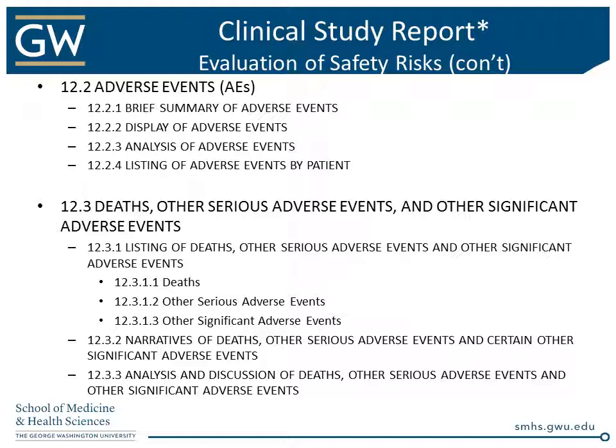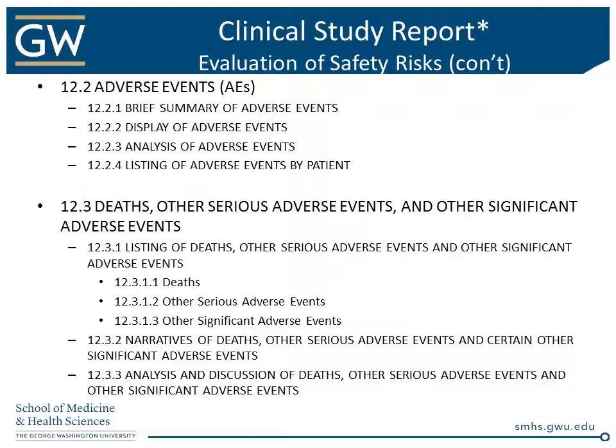For example, if there's a protocol that was evaluating a new investigational product for osteoporosis, but fractures were not considered an endpoint, then if a patient got a fracture, that could be considered an AE. This might be an AE of special interest for that particular protocol.